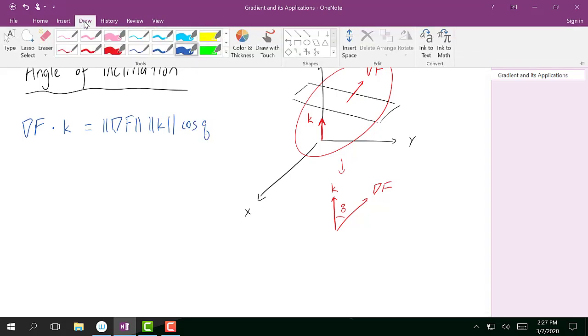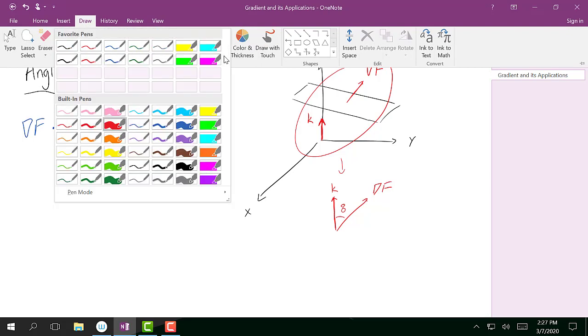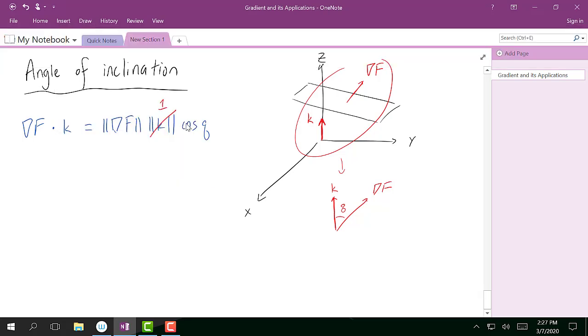Again, we say that k is of unit length, length 1, so we're not going to even consider it. So this dot product is going to be the magnitude of the gradient of F times cosine of q.